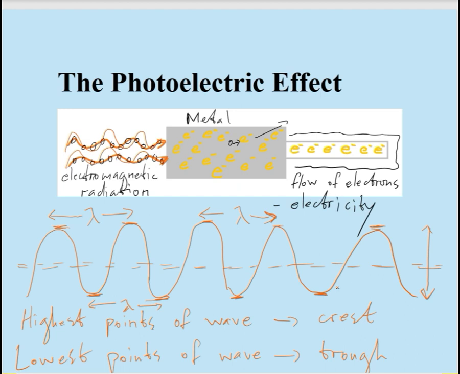This makes sense because the more intense the wave is, the more photons there are, and the more photons there are, the more electrons it will eject or emit. So it makes sense that the current would increase.